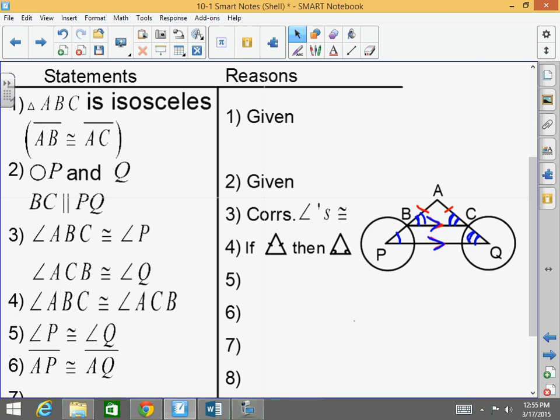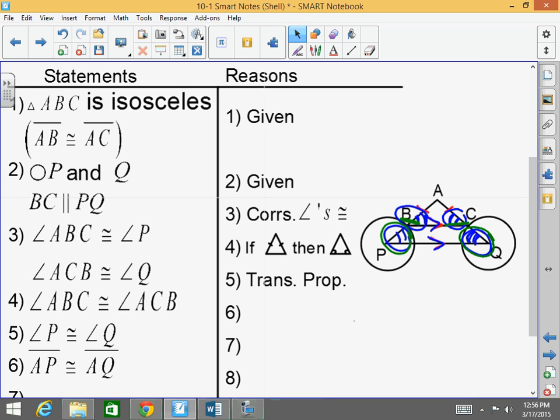Angle P would be congruent to angle Q as well. If this guy is congruent to this guy, and this guy is congruent to that guy, but B is congruent to C, then by transitive property, P is congruent to Q.